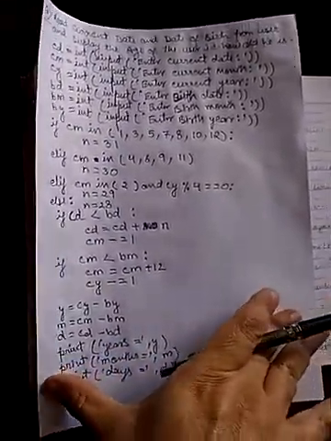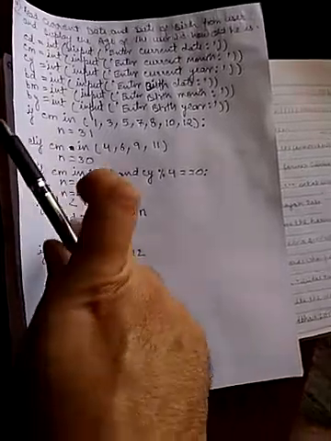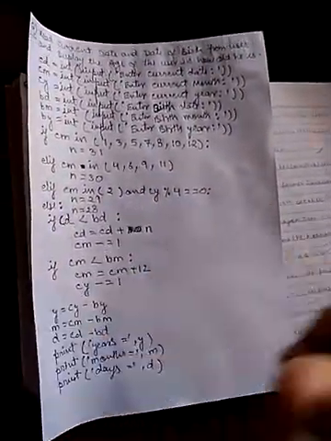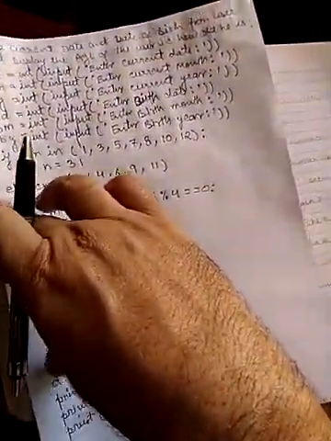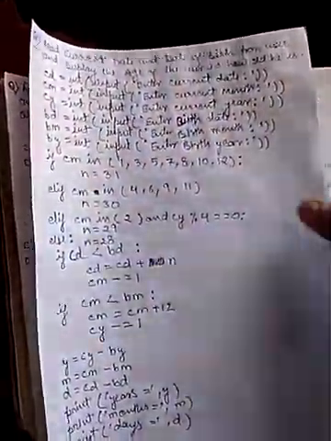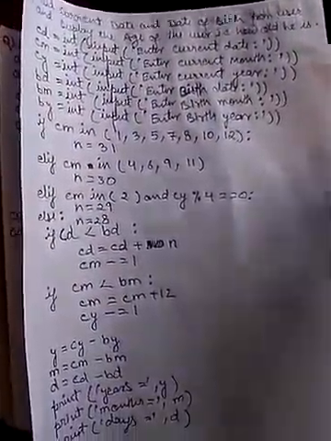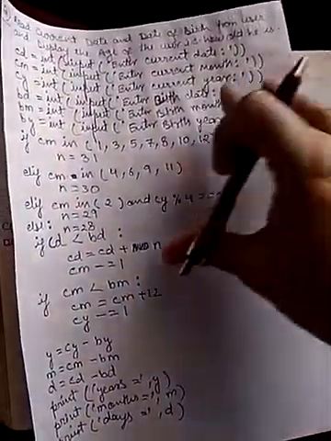In this question, it is asked to read the current date and the date of birth from the user, and after that we have to find out the age of the person.